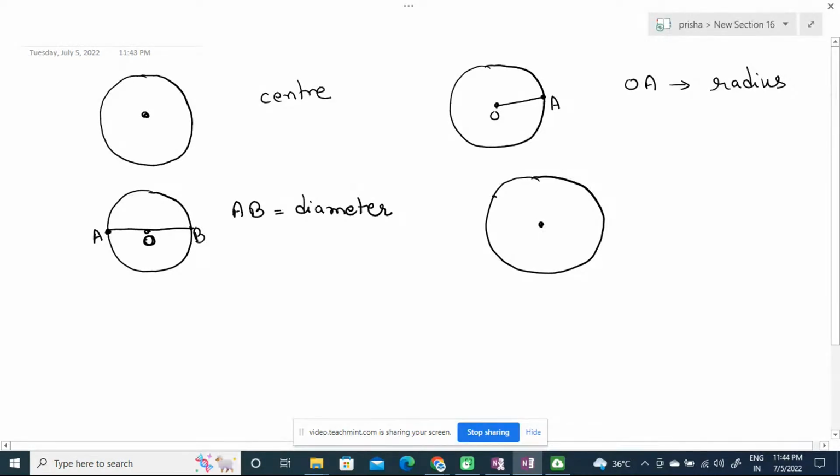But if we draw a line which does not pass through center, but it connects the two points on the circle, then this is a chord. The line which joins two points on the circle but does not pass through the center is the chord.